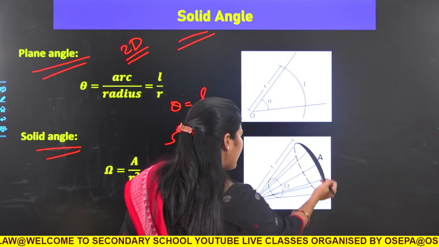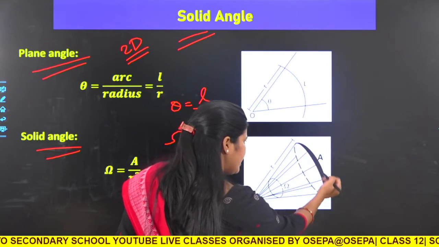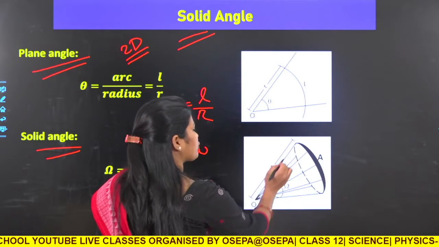So what will be the angle omega? This is the surface area A by r square.